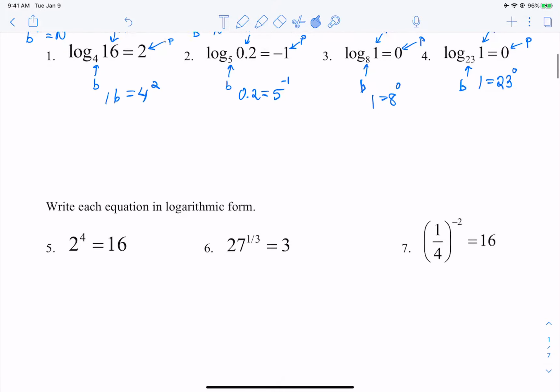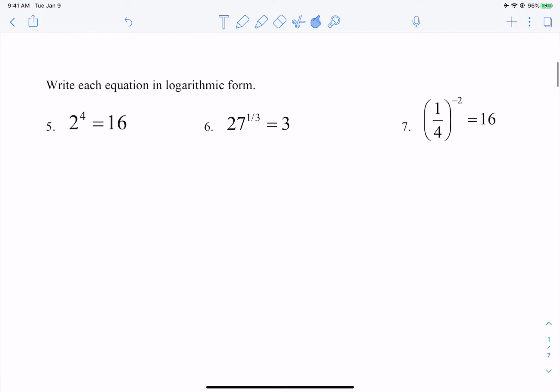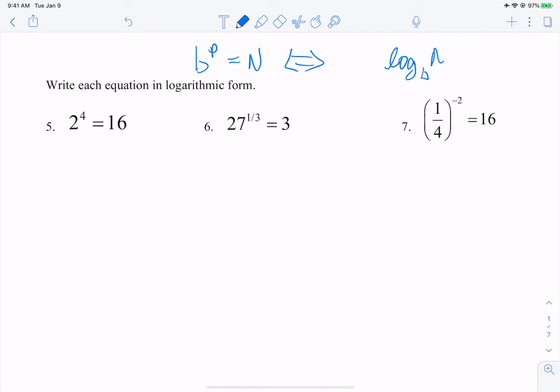Now let's look at going the opposite direction. Okay, so now remember what we know. A base to a power equals a number, and then if we want to flip that around, I put the log on the number with the base next to it, and it's going to equal the power. Okay. So again, we want to identify what's the base, what's the power, what's the number.